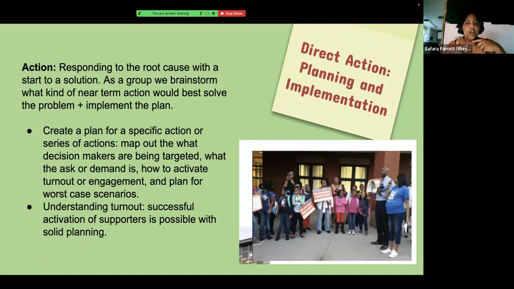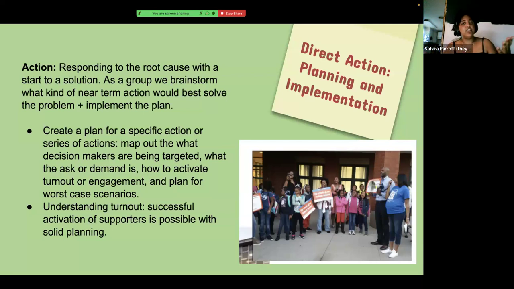When you are then moving forward and thinking of actions, you want to think about what is going to be your ask, what is the demand, what is the core essence of what you are getting together for. And sometimes your first thought is like, well, that's just the campaign.